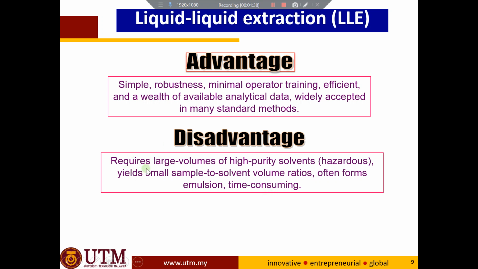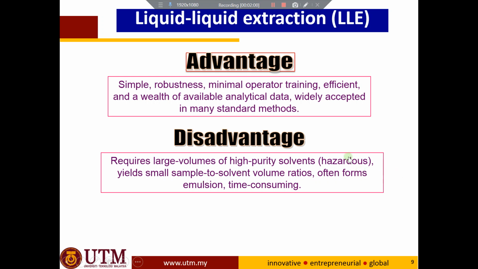Okay, it yields a small sample to solvent volume ratio, often forms emulsion, and is time consuming. What does yield small sample to solvent volume ratio mean? Because you have a lot of solvent but only a little sample, or only a little extract.